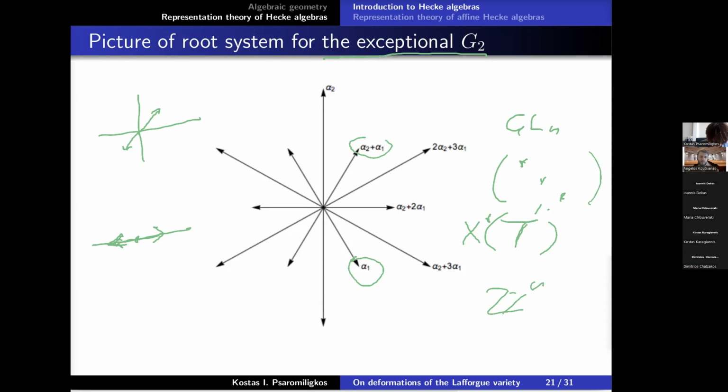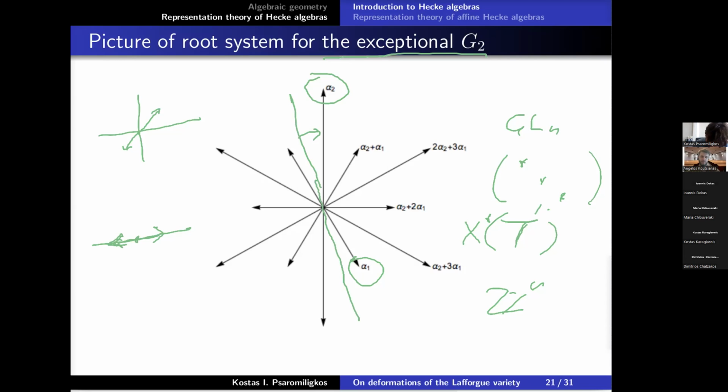You make a choice of simple roots, in this case a_1 and a_2, and what you should get is that everything else comes from adding these things with some integer linear combination. When you specify simple roots, you also get a set of positive roots, which is everything that is on this side of this line, the ones that have positive coefficients.